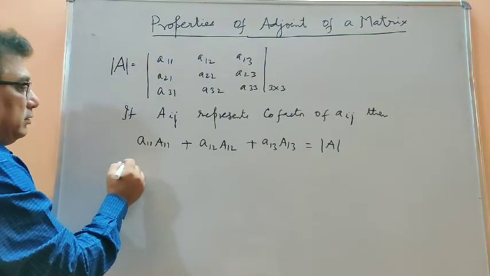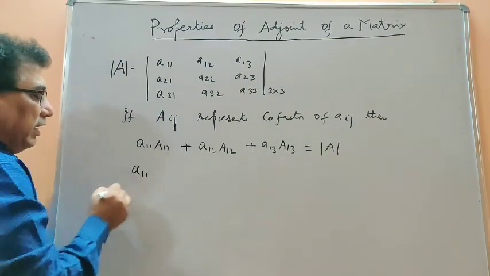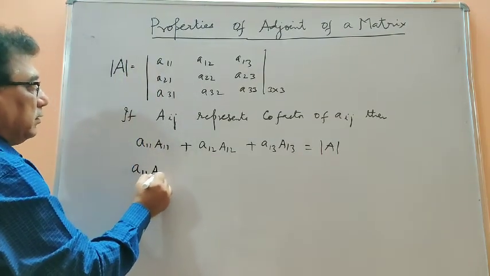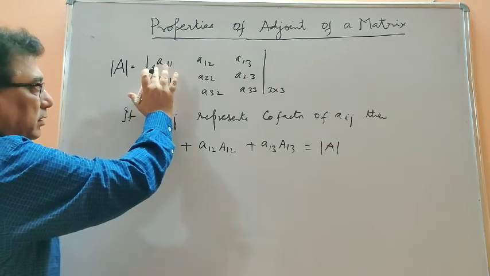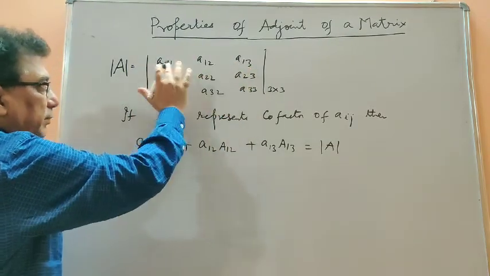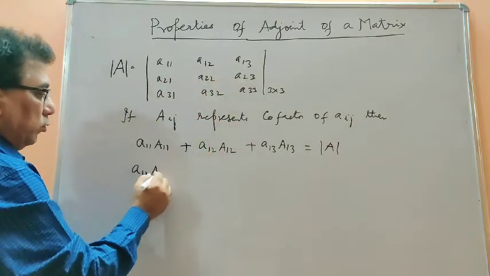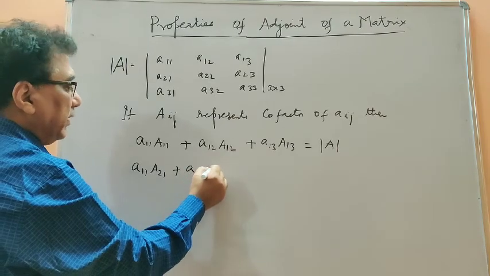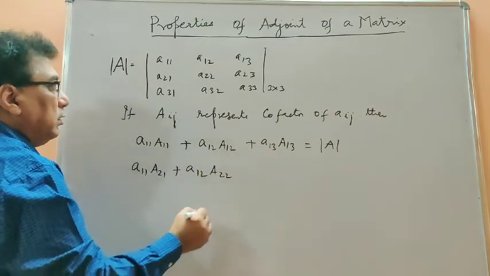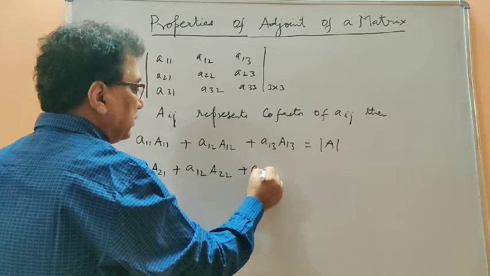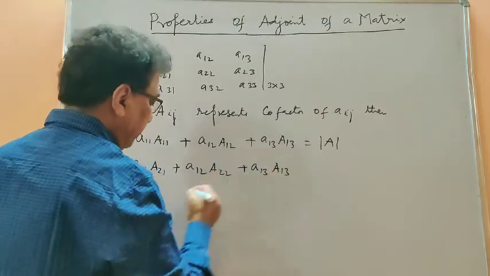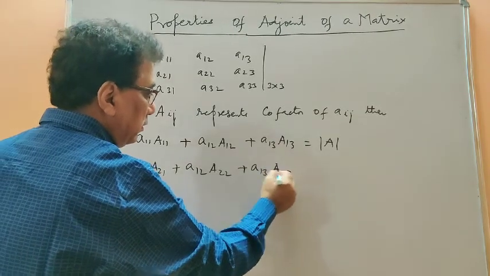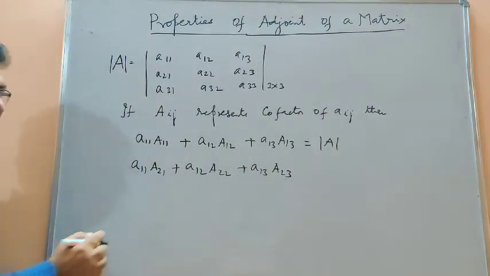Now what will happen if we multiply the elements by the cofactors of some other row? Suppose I am taking the elements of first row and multiplying these elements by the cofactors of second row: A11 with capital A21, A12 multiplied with capital A22, A13 multiplied by capital A23. So what will be this result?